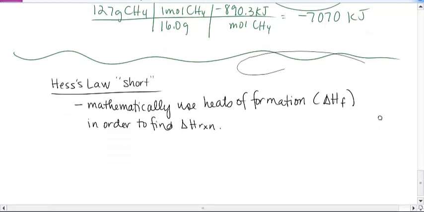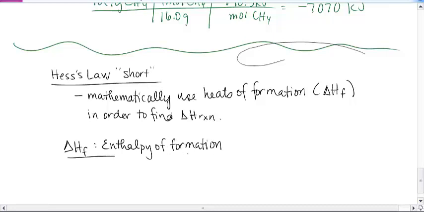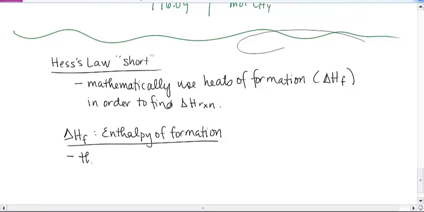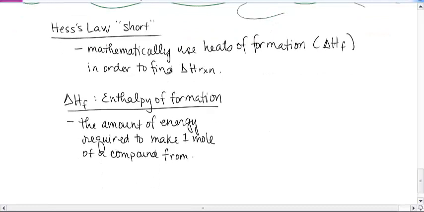Now I have to tell you what that enthalpy of formation means. So delta H sub F, which as that table tells you is the enthalpy of formation, by definition is the amount of energy required to make 1 mole of a compound from its elements.